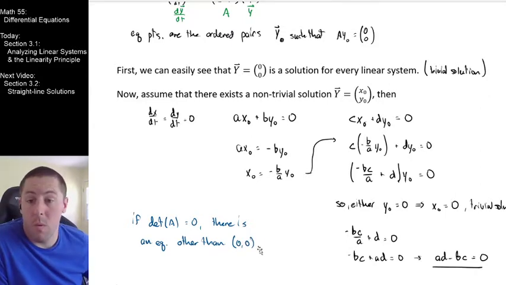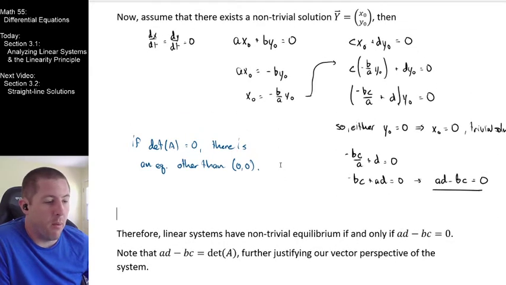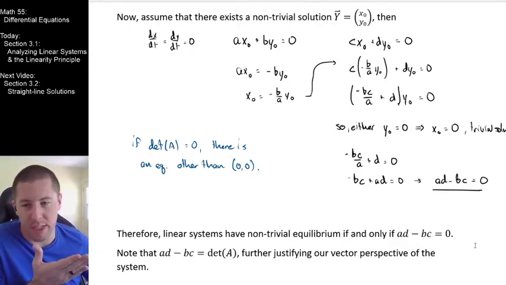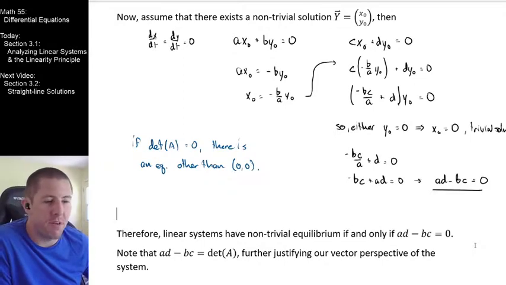I think this is a really good justification, by the way, that we've been moving into this vector matrix notation, because now it seems like some ideas from linear algebra, like determinants, are naturally cropping up in the math that we're doing over here, right?